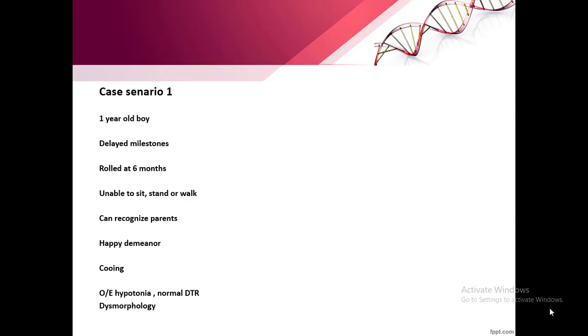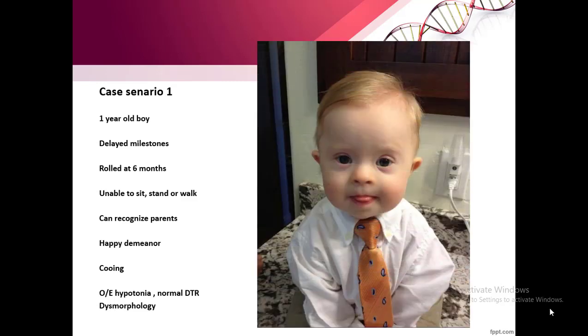Because he rolled at 6 months. He's unable to sit now or even stand or walk. He can recognize parents. He has a happy demeanor, and he's cooing. On examination, he was found hypotonic with normal deep tendon reflexes and dysmorphology.